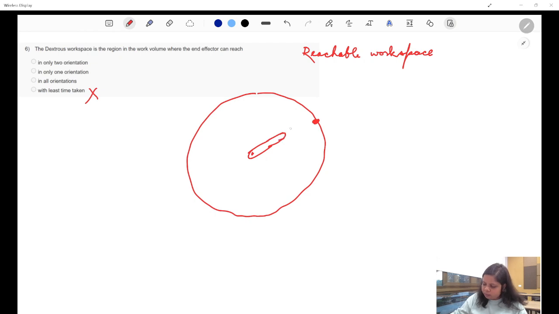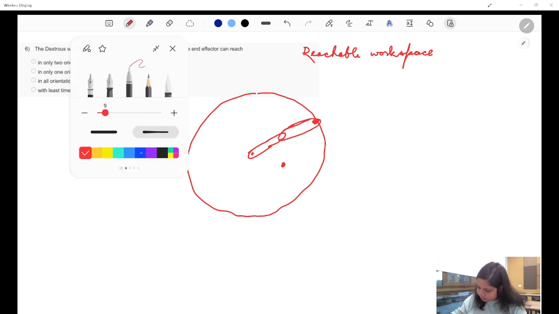So if it is supposed to reach this point, it would have to stretch itself completely. The angles cannot be less than 180 degrees. So you'll have to reach here, and the way in which it is possible is just one orientation.